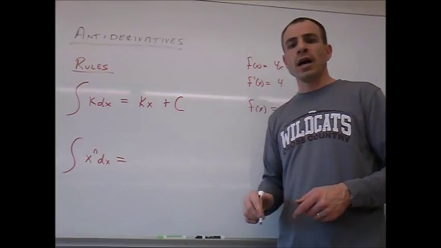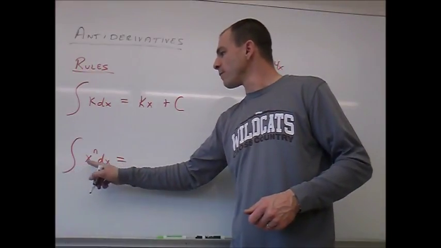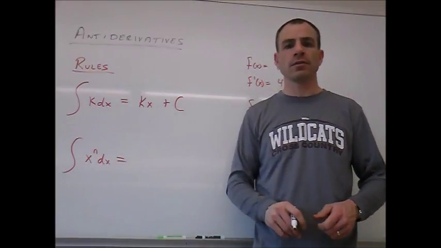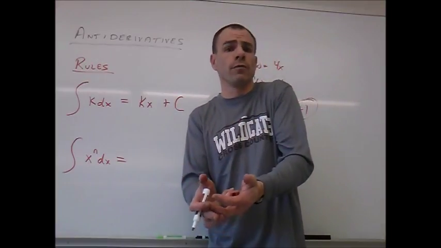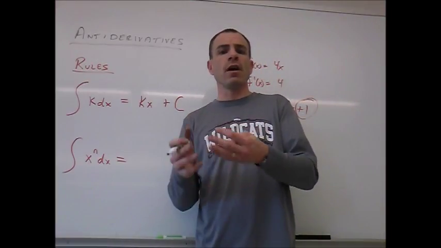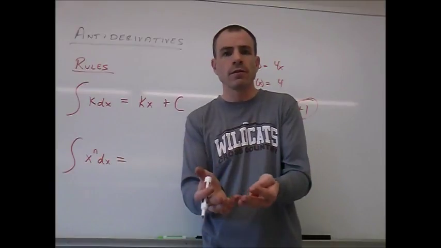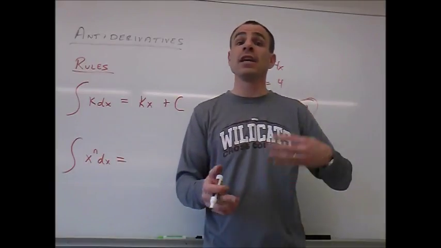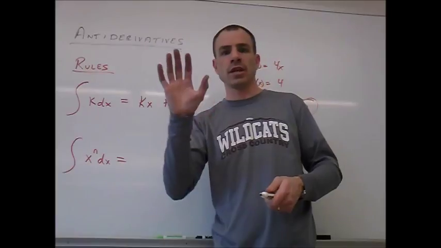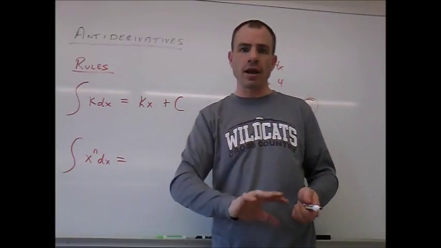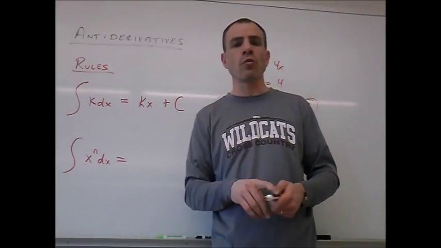Let's do another one. We have the antiderivative of x to the nth power dx. Okay, so this is kind of like our power rule, if you will. Because remember, if we had the derivative of x to the 5th, what's the derivative of x to the 5th? Yeah, you're all thinking 5x to the 4th, okay? Because you would take the exponent and move it down out front, and then you would subtract 1 from the exponent.